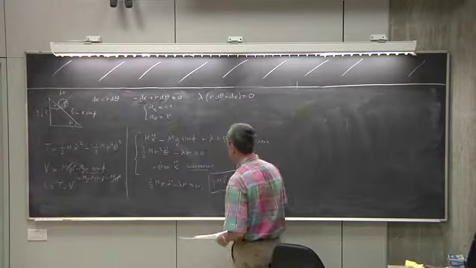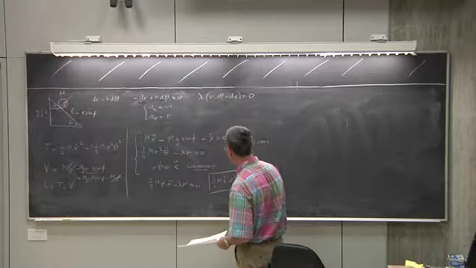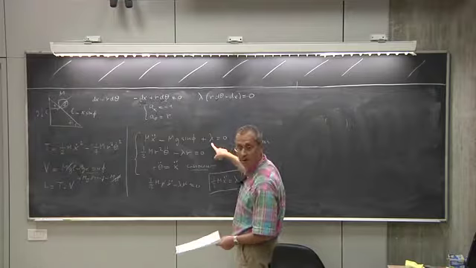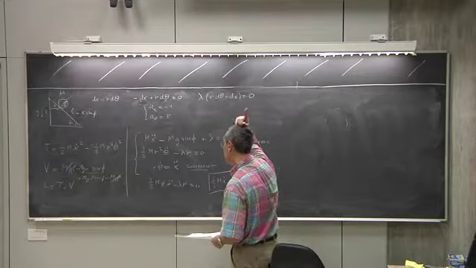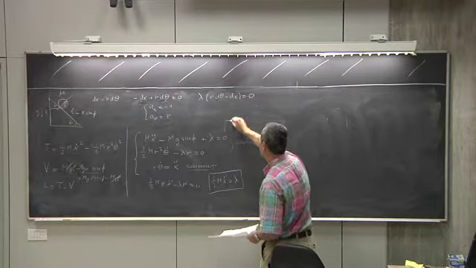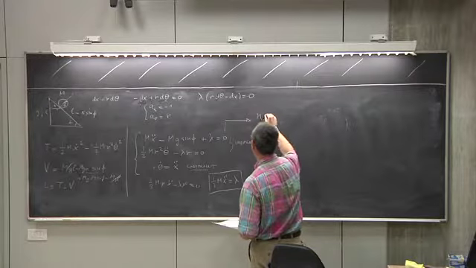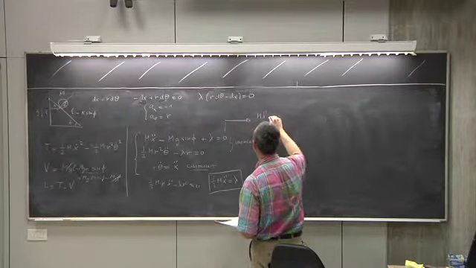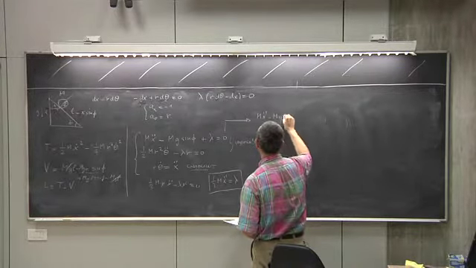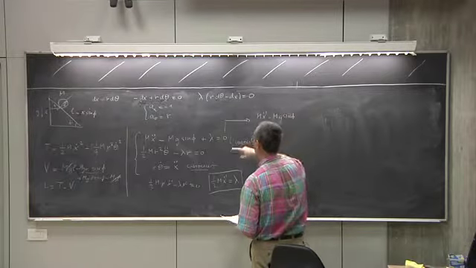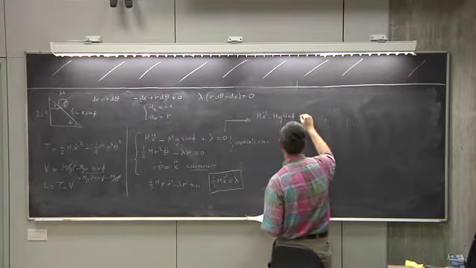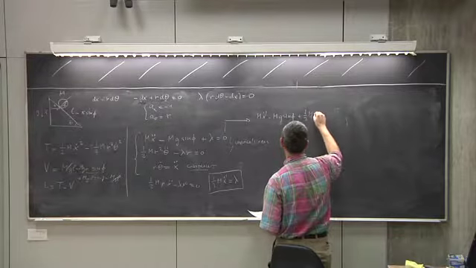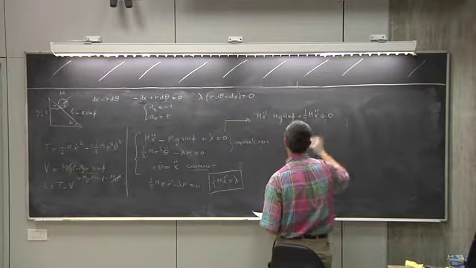But let's finish. So I take lambda from here, I put it in here, and I have a single differential equation of x. So I have mx double dot minus mg sine phi plus lambda, that is 1/2 mx dot dot, equal to 0.